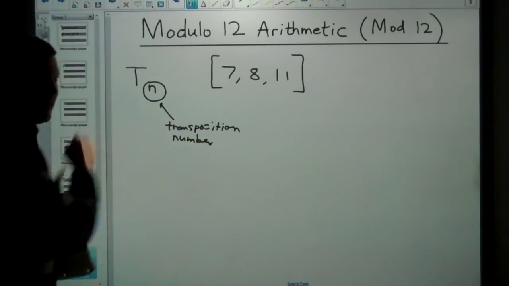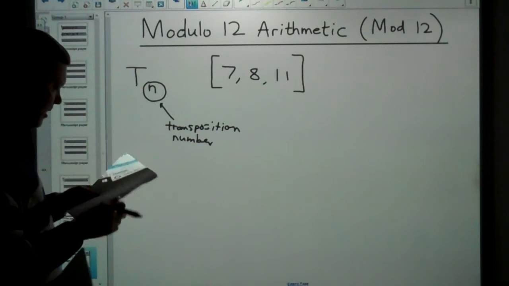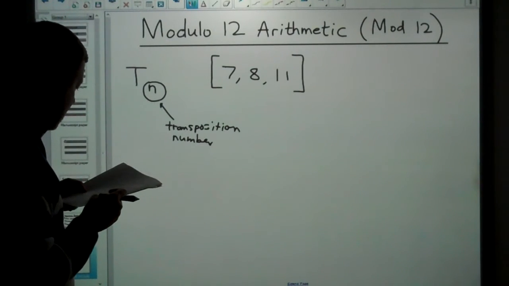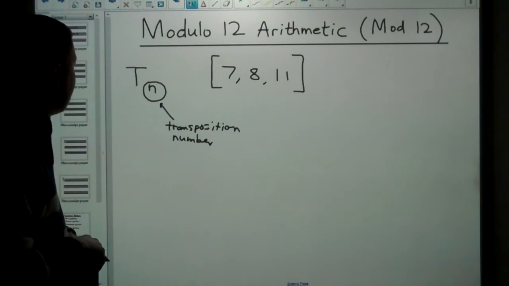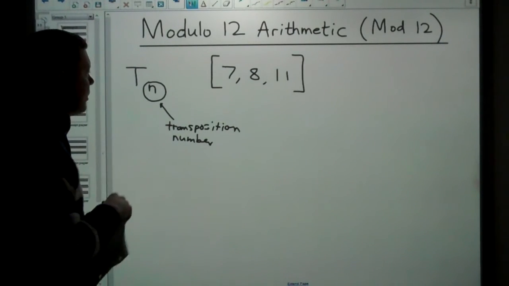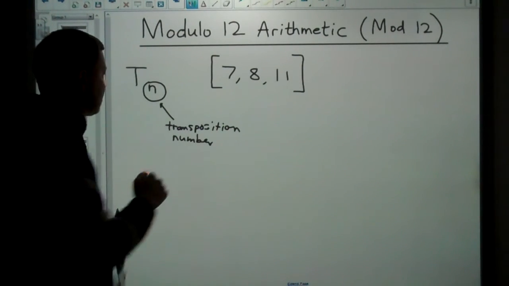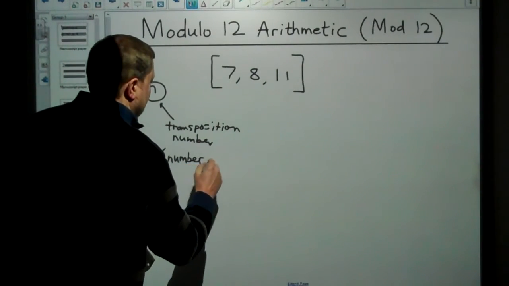T stands for transposition, n is the transposition number. So what you do is add the transposition number n to each member of the set in turn using mod 12 arithmetic. And n always refers to the number of half steps you are transposing a pitch class set, always the number of semitones.